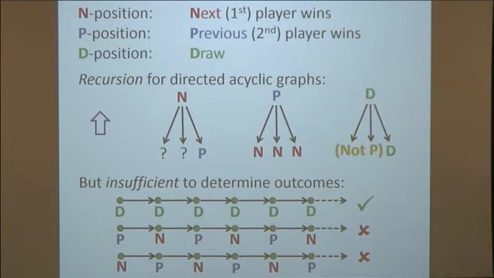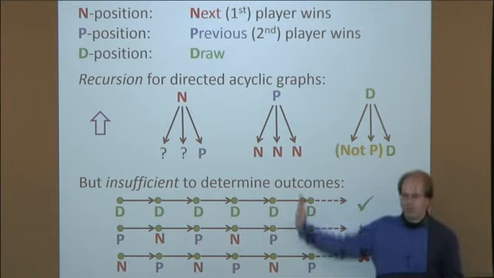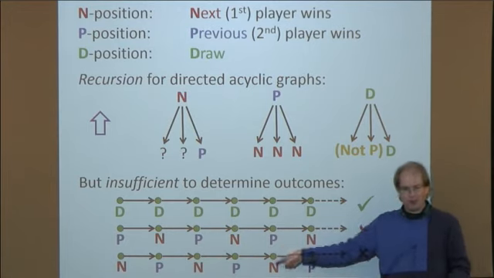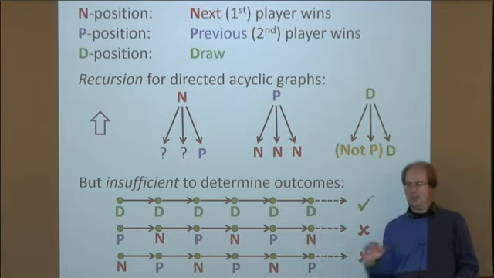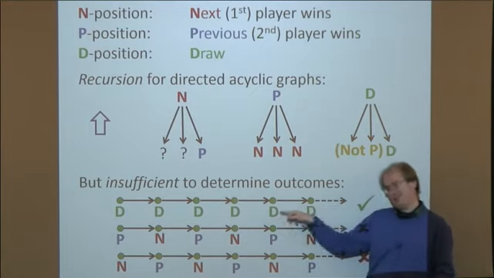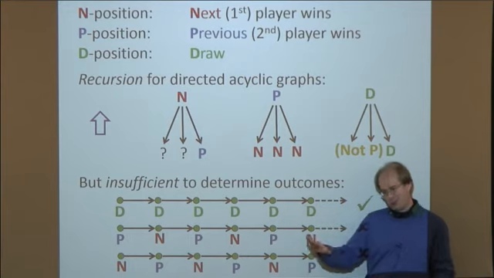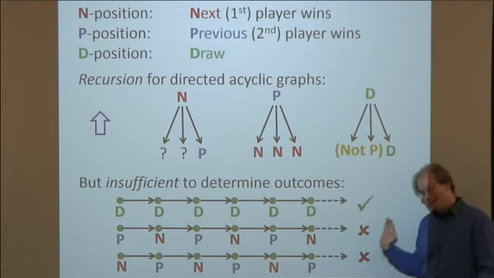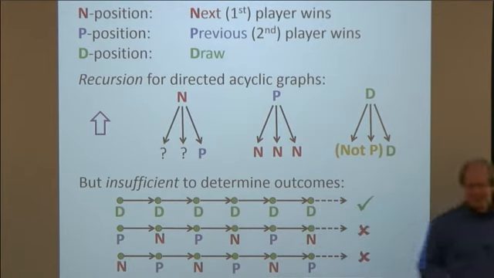So on an infinite graph, you need to know some more, and note, if you were to cut this path off at some point, then either this or this will be the truth, depending on whether you cut it off at an even or an odd distance. So saying that it's a draw is something to do with saying that if you cut the graph off a long way away, it depends how you do it, what happens at the beginning.